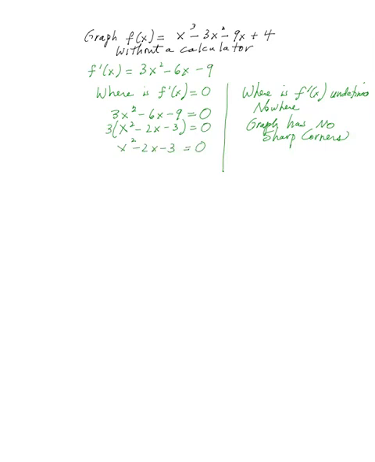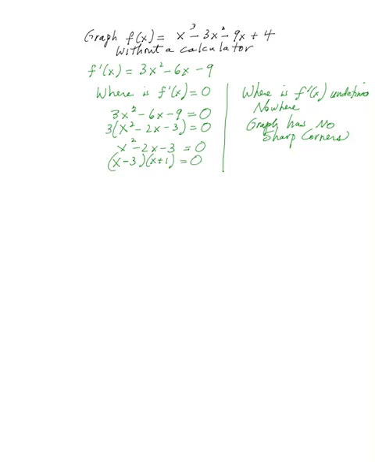Now, will this factor? I'm looking for two numbers that add to give negative 2 and multiply to give negative 3. That's a negative 3 and a positive 1. Okay? Now, I'm multiplying x minus 3 and x plus 1.